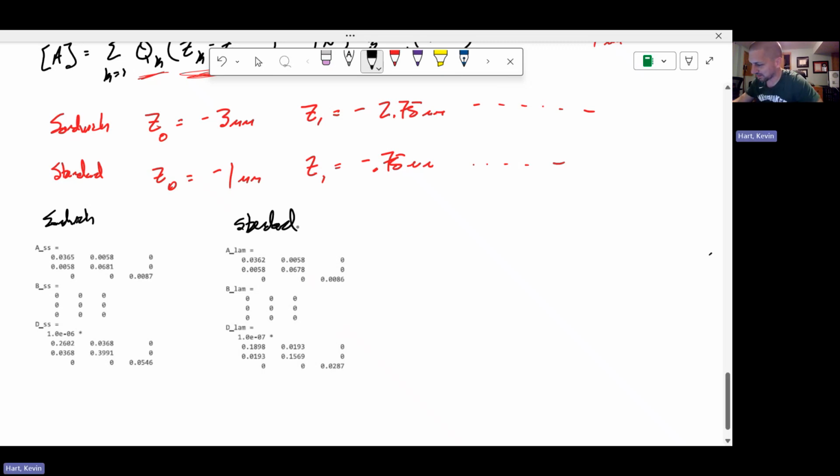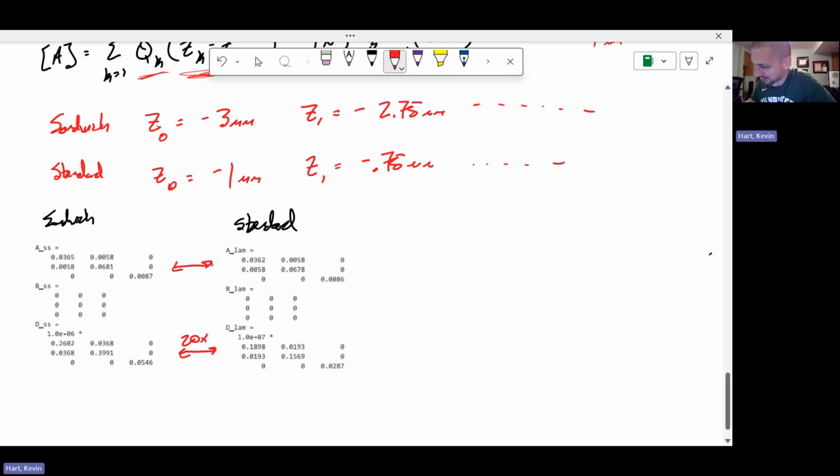So what you want to notice is significant differences in the D matrix. So here, this is times 10 to the negative sixth, and here's an entry of 0.26. Here's this 10 to the negative 7 and an amount of 0.18. So these are varying by about 20x difference.